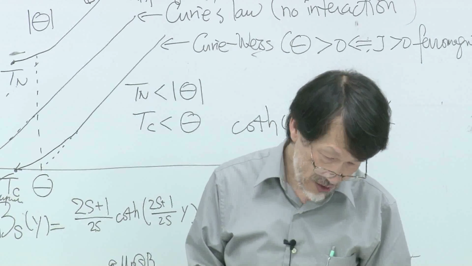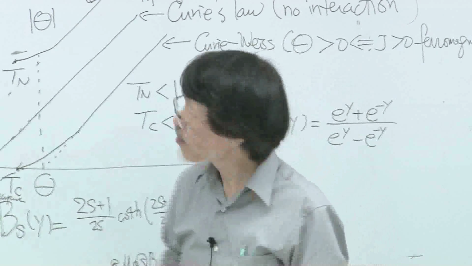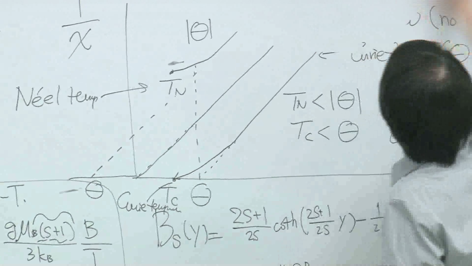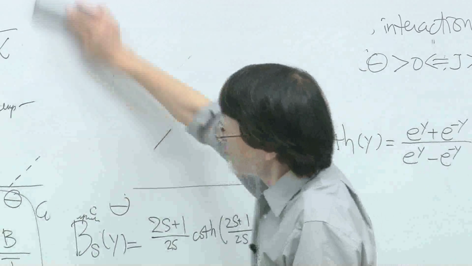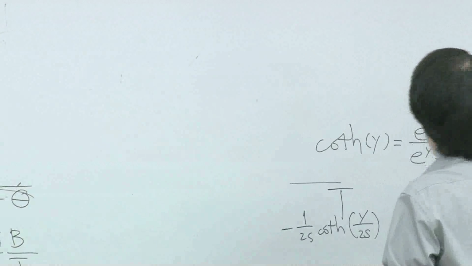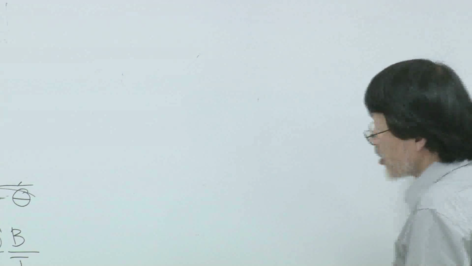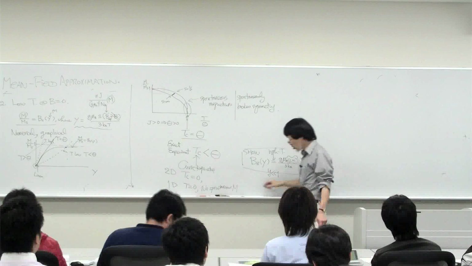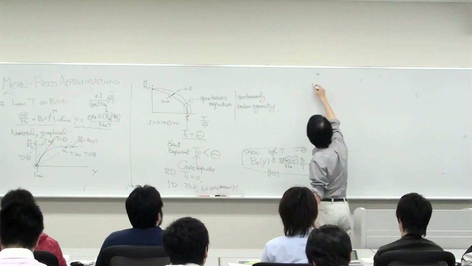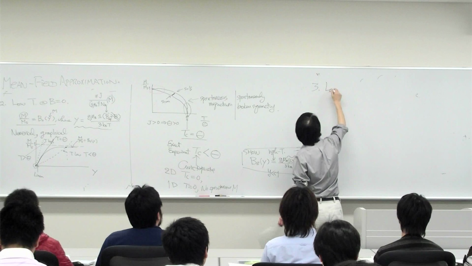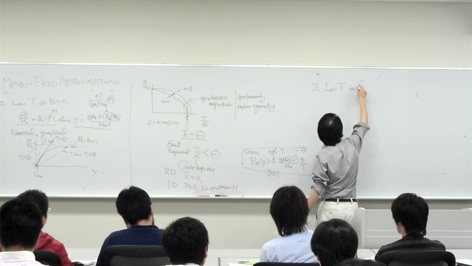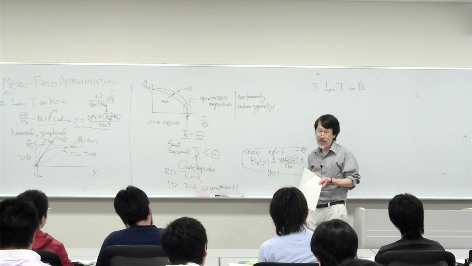And let me just add a few things. Something which you have to do numerically. This is all at low temperatures in zero magnetic field. You may ask what happens in a magnetic field when the magnetic field is not 0.